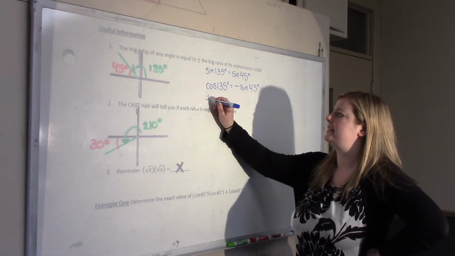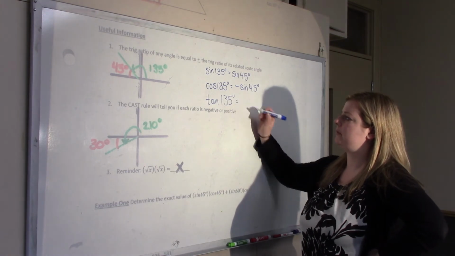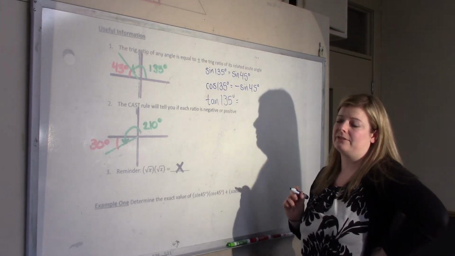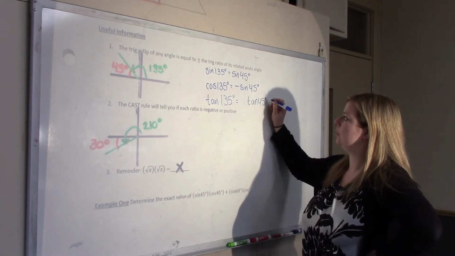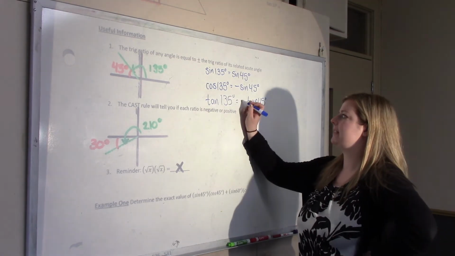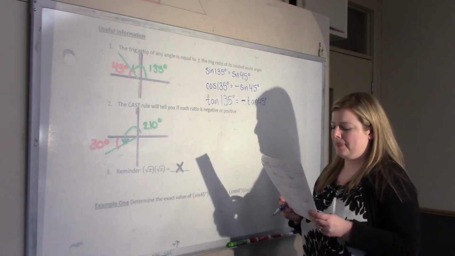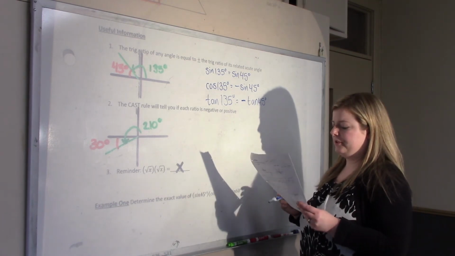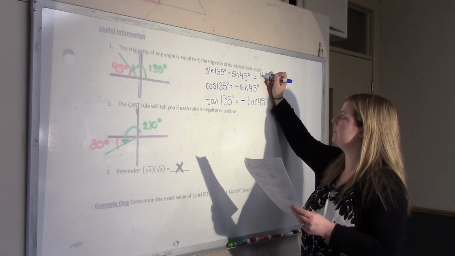Okay, and the tangent of 135 degrees will be equal to, now think, is it positive or negative, of tan of 45? Well, normally tan is positive, obviously, but in that quadrant it's negative, so then we have to make that negative. Okay? So sine of 45 degrees is 1 over root 2.